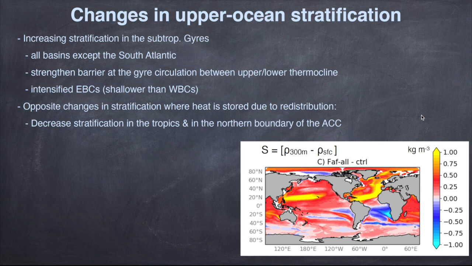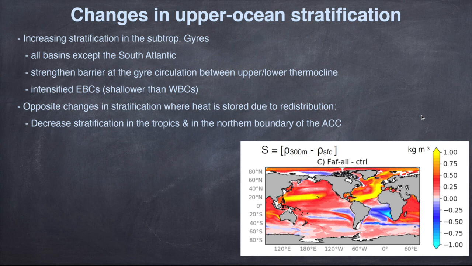So basically, in most of the subtropical gyres, besides the South Atlantic, it increases the surface circulation, or the western and eastern boundary currents, but it decreases the circulation at the lower thermocline. And because the eastern boundary currents are much shallower than the western boundary currents, that's how the mechanism of heat redistribution is done. So the eastern boundary has a main effect in bringing heat back to the tropics.